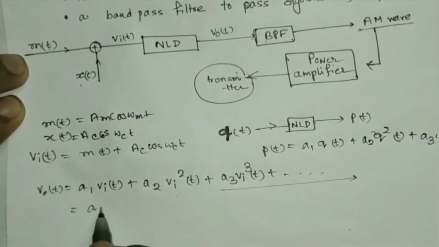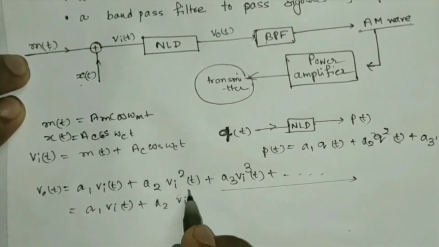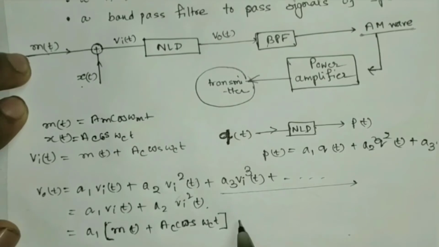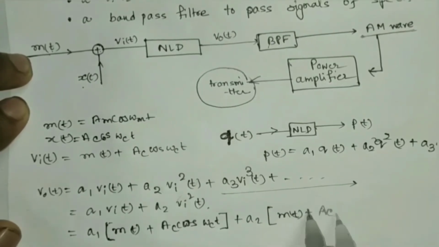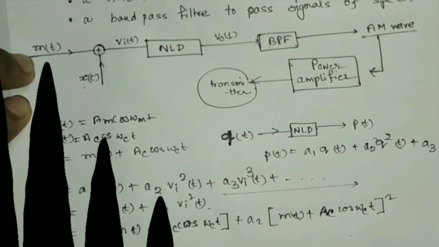So this equals a1 VI(t) plus a2 VI square t, that is equal to a1 into m(t) plus Ac cos omega c t plus a2 into m(t) plus Ac cos omega c t whole square.